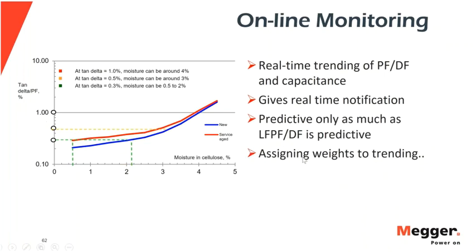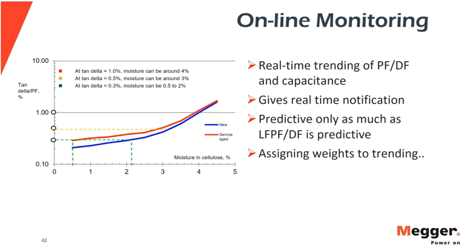And the reason I bring this up is that if you start thinking about online monitoring, which is great, it's doing real-time trending of power factor and capacitance, and it gives you real-time notification of a change in one of those. But it's only going to be predictive as much as line frequency power factor is predictive.